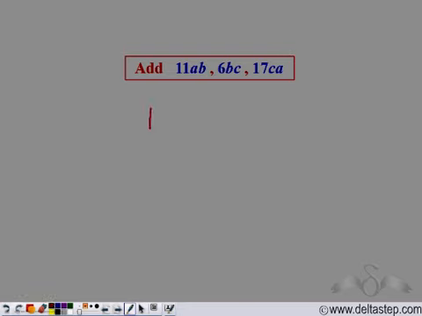So 11AB. Then we need to write 6BC in the second row. But since this is not a like term as AB, we need to write it separately. 6BC. We cannot write it below AB because it is not a like term as AB.